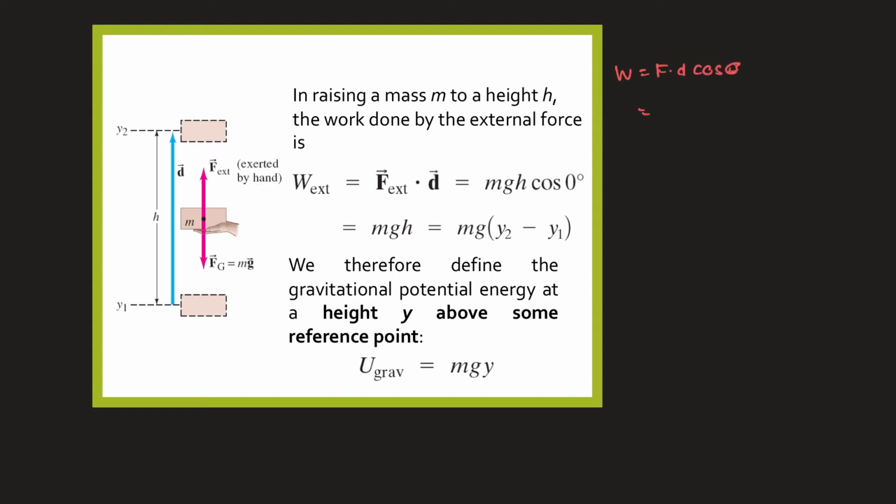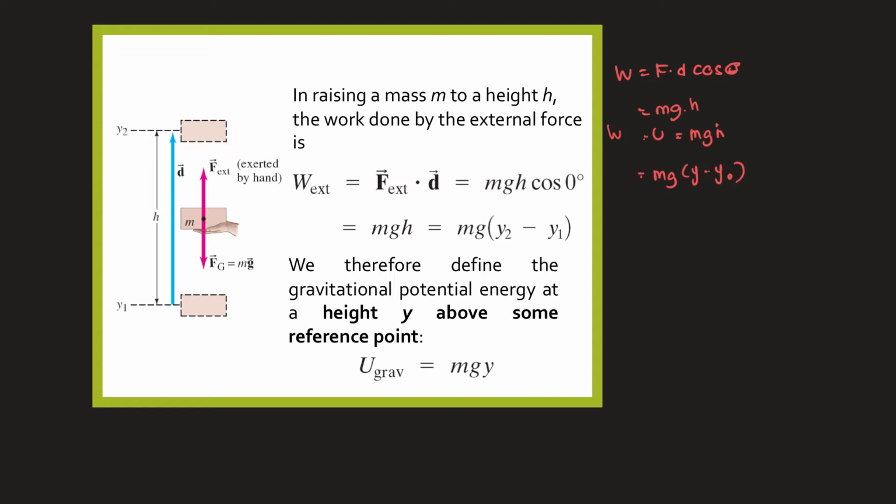The F here is going to be mg and the d is going to be the height, so that's why you're going to get the work done, or the potential energy, as mgh. The height is the difference between the initial and final, so that's why you're going to get y minus y naught here. When it comes to potential energy, the thing that you need to understand is the change of level, the change of height.